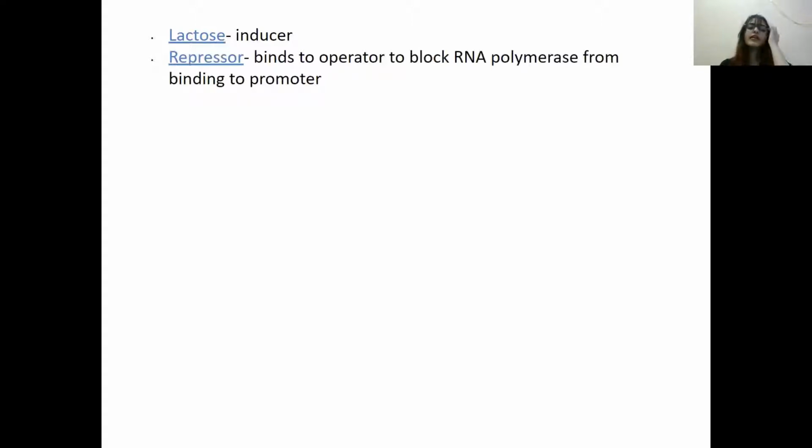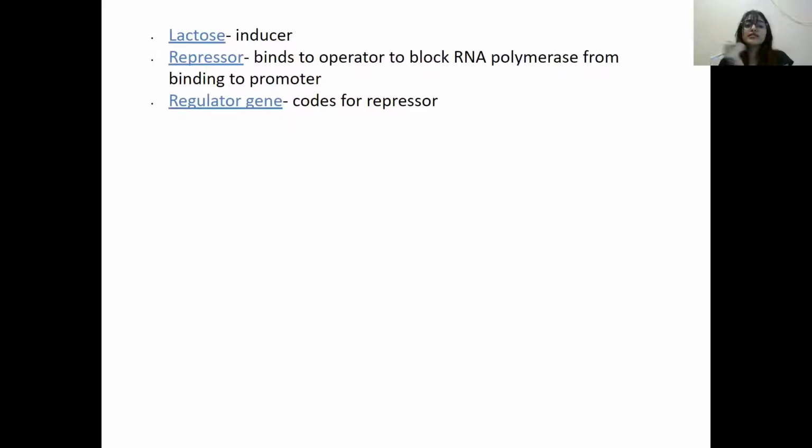First of all, you should know that there is a repressor. Repressor means it represses, it stops, or it doesn't allow a process to take place. If it binds to the operator, it blocks the RNA polymerase from binding to the promoter, and so transcription does not take place.